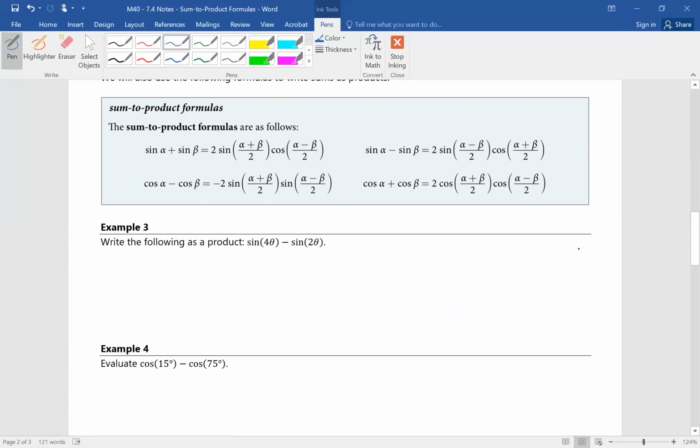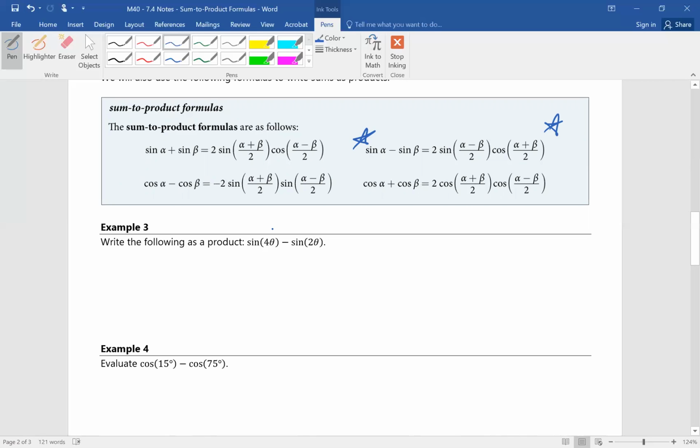So out of those 4, we have sine of some angle minus sine of another angle. What formula do you want to choose? If you're saying this one over here because there's a minus, right? They're calling it sum to product, but we can call it sum or difference to product too. All you have to do, and these are a little hard because there are 4 different angles you have to plug in here.